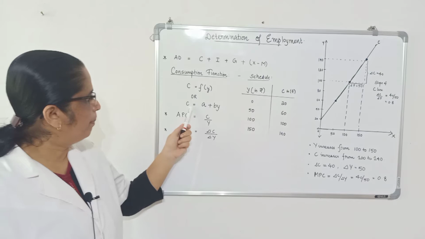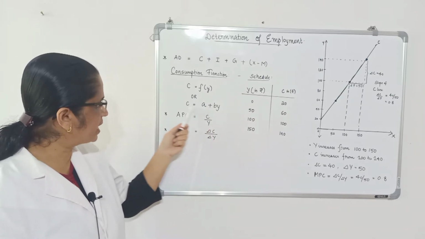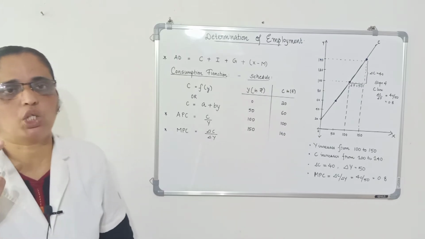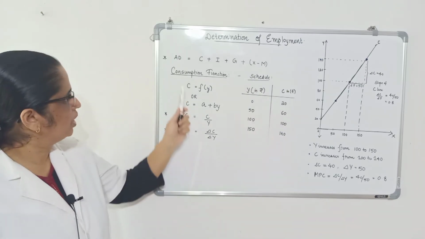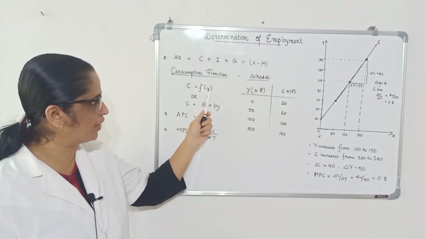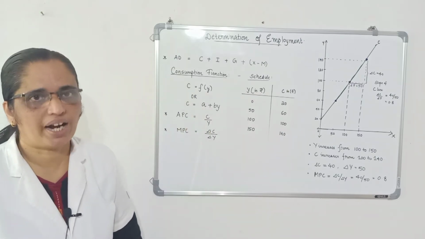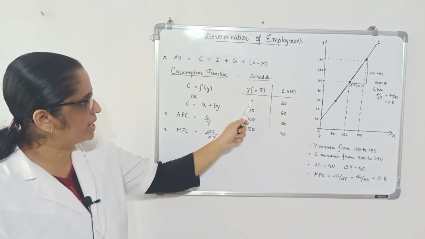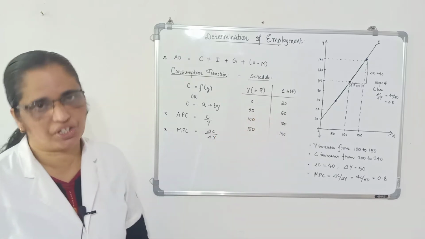Before we study the details of the equation, we have to see the two important statements of the consumption function. Consumption is a function of income. First, when income is zero, consumption is positive.